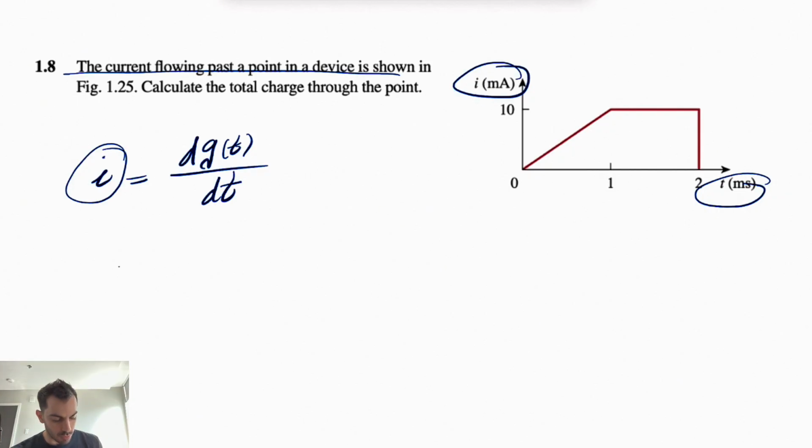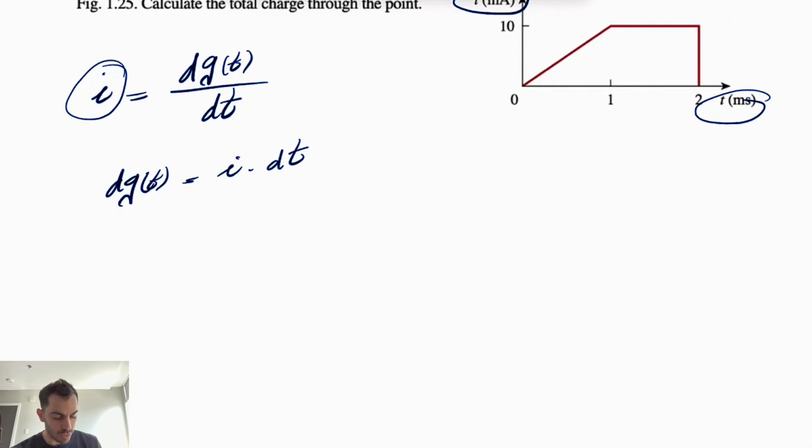If we cross multiply, dq(t) equals i times dt. To find q, we take the integral on each side, so we have the integral of i(t) dt over the time points that we have.